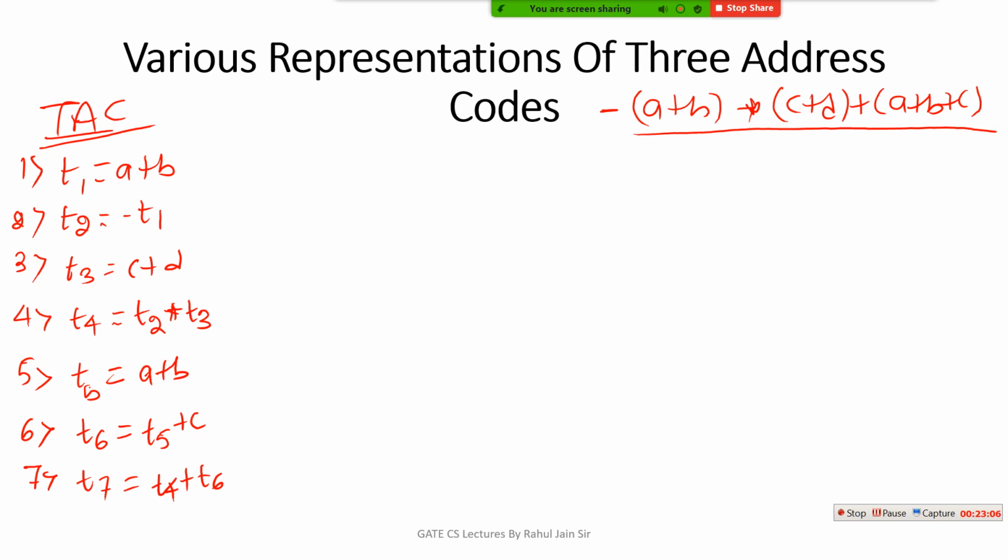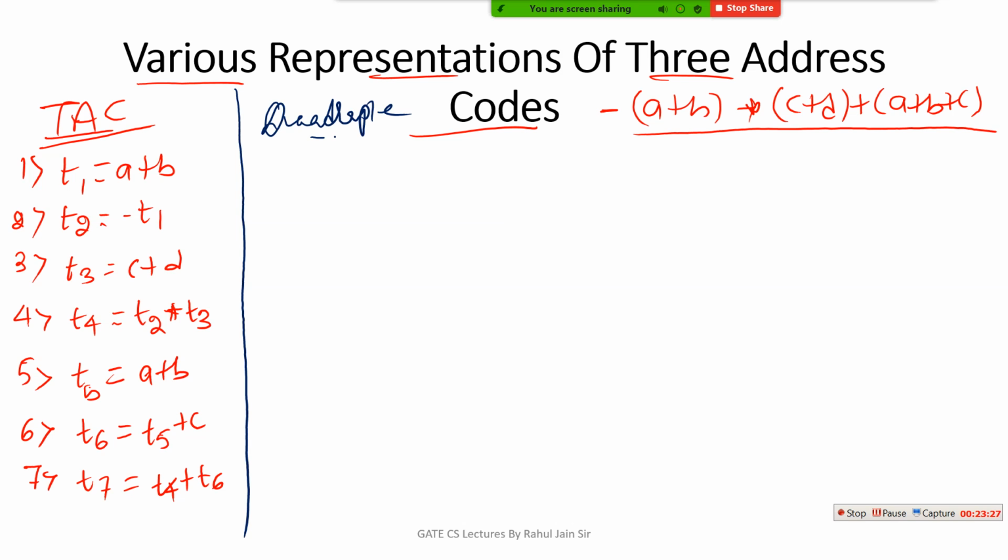Okay, guys, we have discussed it already. Now the very important part is to discuss various representations of three address code. So one of the representations of three address code is quadruple form.